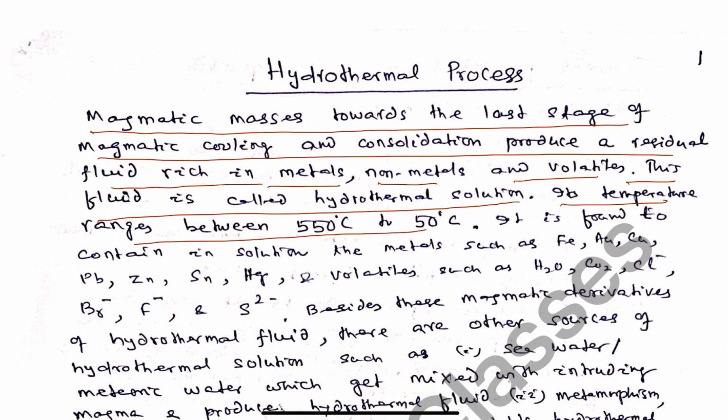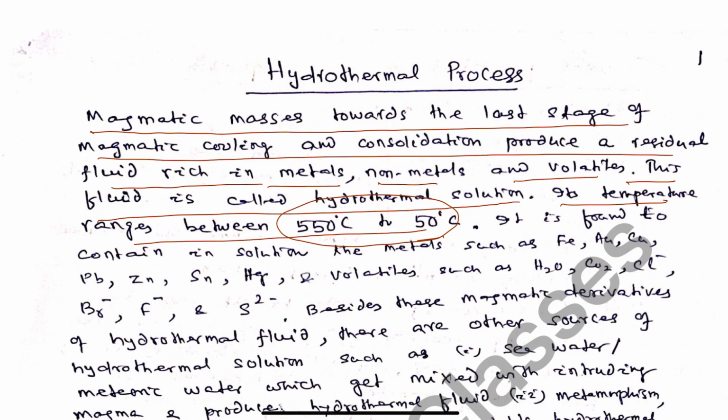So the magma, after cooling and consolidation, produces a fluid in this temperature range, and the residual fluid derived from magma is found to be rich in metals, non-metals and volatiles, and this fluid is described as hydrothermal fluid.